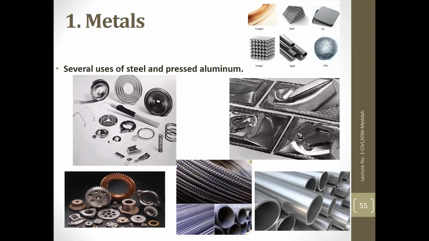You can see everything from parts of engines or equipment, to a pipe, to reinforcement material used for making structures in concrete, to some simple house items that are used for domestic use.